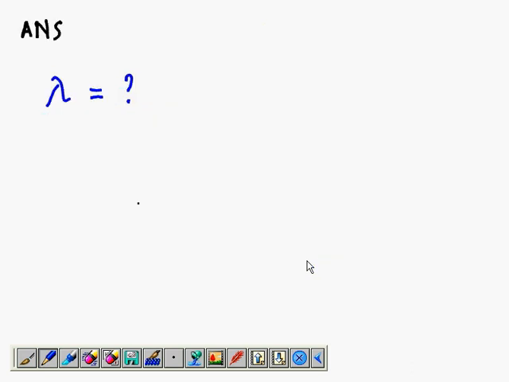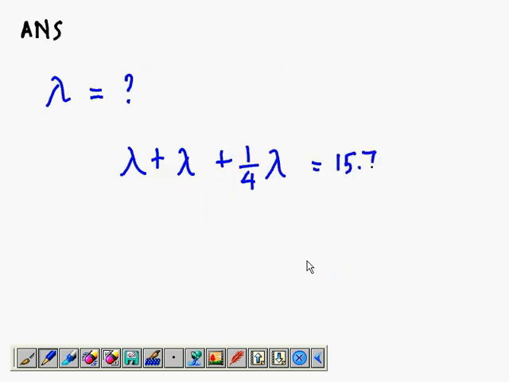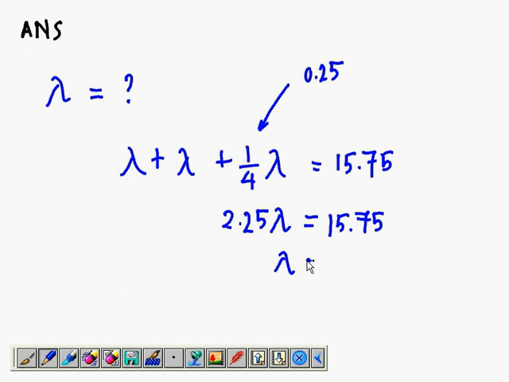Seems to me there's 2.25 lambda there. 15.75 is the total length. So 2.25 lambda equals 15.75. 1/4 is 0.25, by the way, if you don't know. So lambda is 15.75 divided by 2.25, which the answer is 7 cm. Tricky, yes. So this is 7 cm.